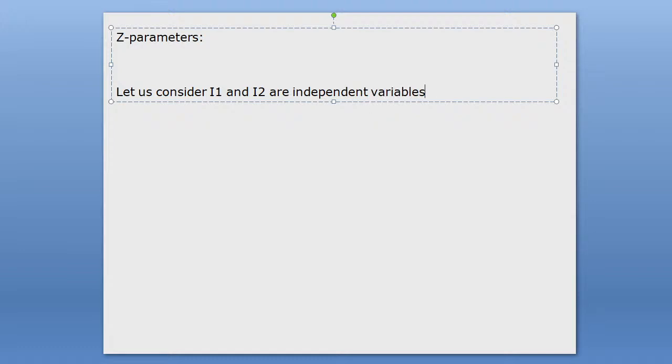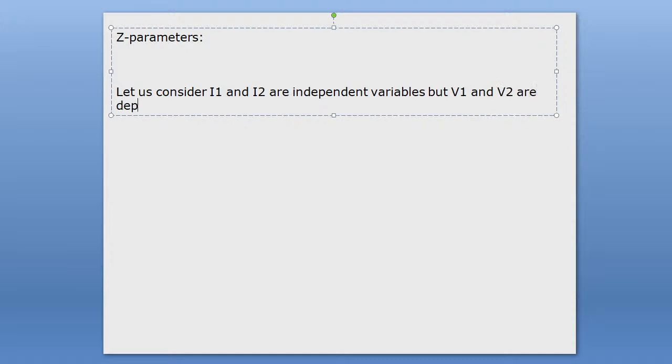On the other hand, the input port voltage V1 and output port voltage V2 are dependent variables.